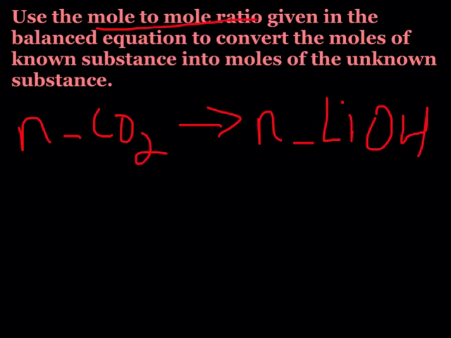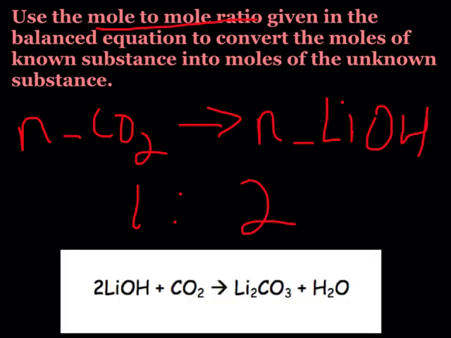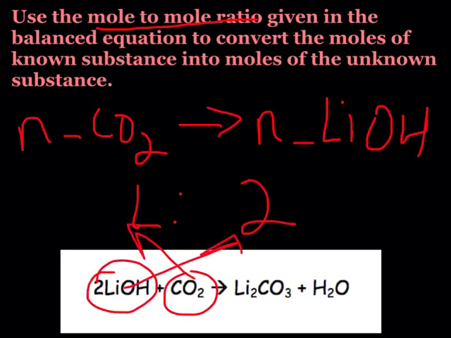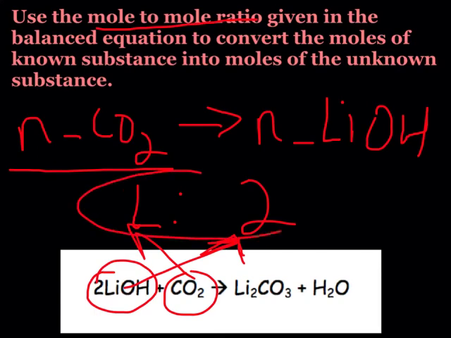The mole-to-mole ratio of CO2 to lithium hydroxide is a 1 to 2 ratio, according to the balanced chemical equation. For every 1 mole of this, I need 2 moles of this. So, take your moles of CO2 that you calculated in the previous step and convert it to moles of lithium hydroxide using this relationship.